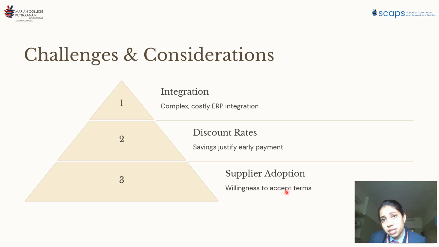They see it from a bad perspective: it's just a discount being given to the customers, so they deny the concept of dynamic discounting. On the other hand, some suppliers will accept it because they know the actual benefit, like managing cash flow or working capital. So that's all about the challenges and considerations that must be taken care of.